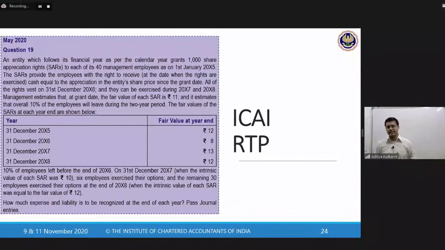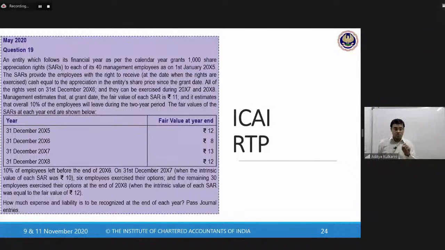You can keep it like that. Now, 6 employees exercised their options and the remaining 30 employees exercised their options at the end of X8, when the intrinsic value of each SAR was equal to the fair value of rupees 12.